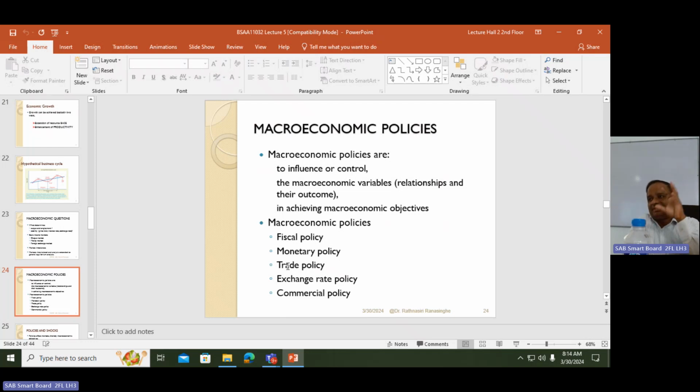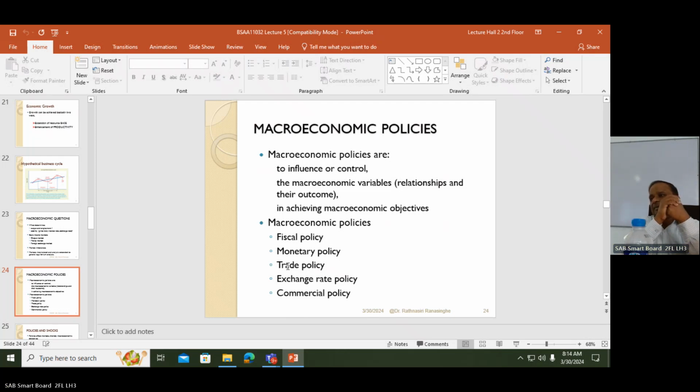Likewise, in macroeconomics we analyze the basic variables: what factors determine those variables, how the variables change, and how they move over time, the trend line and so on. That is the kind of analysis we are doing.